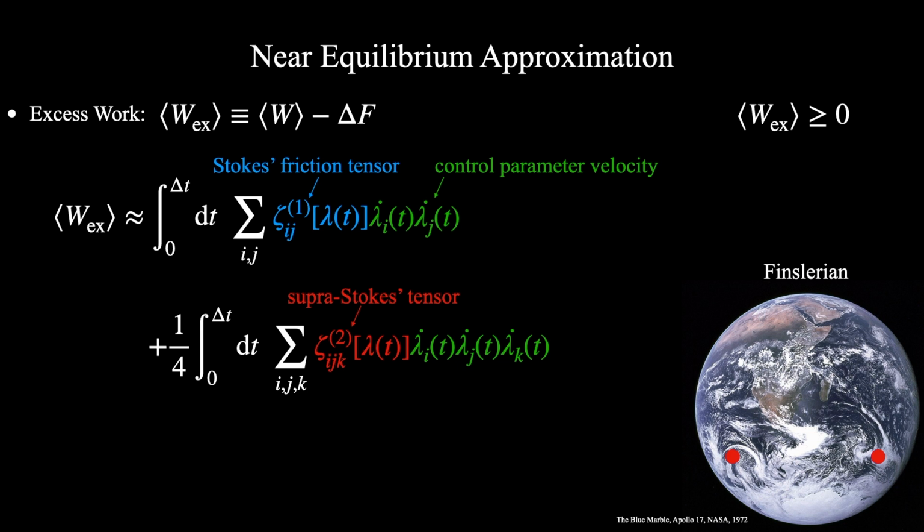So what at first seemed like a very strange kind of geometry really arises quite naturally in the geometric framework. And even when you keep this level of approximation, there's still standard methods for finding ways to minimize this excess work, or just minimize this contribution to the excess work.